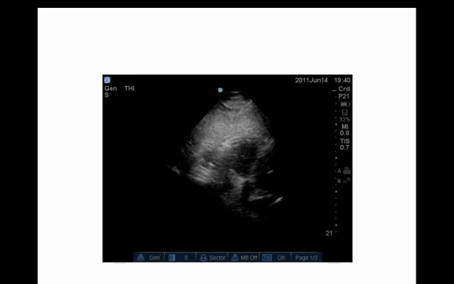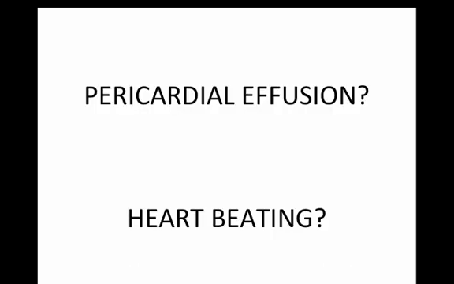Well, we've reached the end of this module. Let's recap. The goal of basic point-of-care cardiac ultrasound is to generate views of the pericardium and the heart in order to answer two fundamental questions. Is there a pericardial effusion, and is there cardiac standstill?